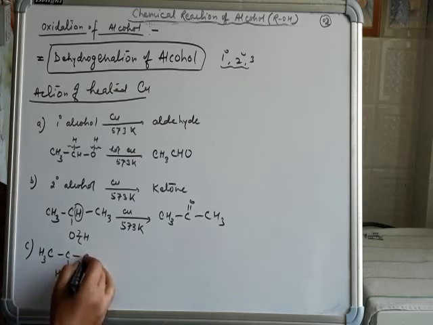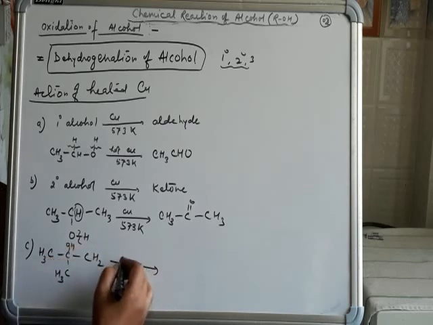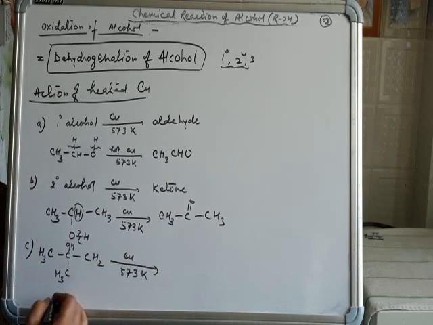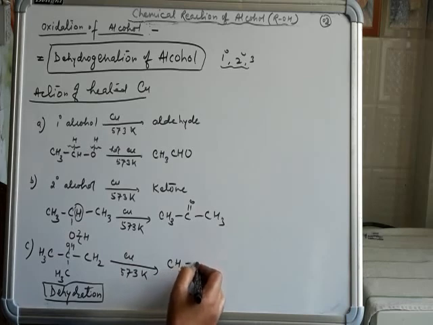When it passes through the heated copper at 573 Kelvin, a dehydration reaction takes place. Dehydration takes place instead of dehydrogenation. So the product is an unsaturated hydrocarbon.